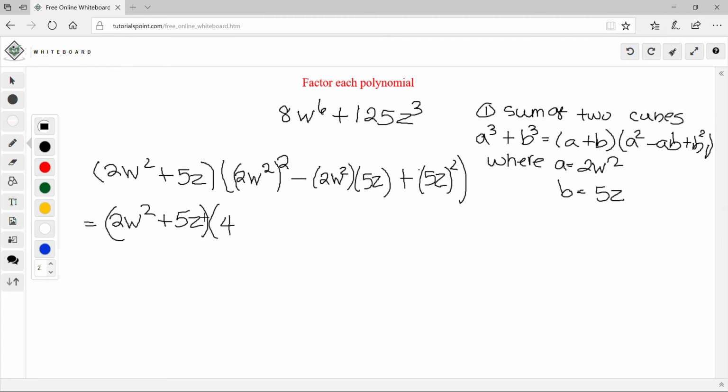So it's w to the 4th, minus 5 times 2 is 10, and then bring down the w squared, and then don't forget the z, and then 5 squared is 25, and z to the second power is z squared.